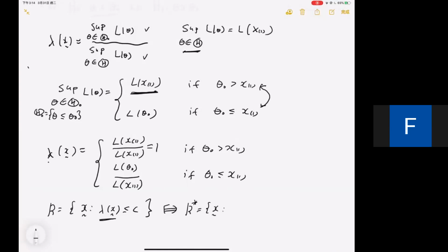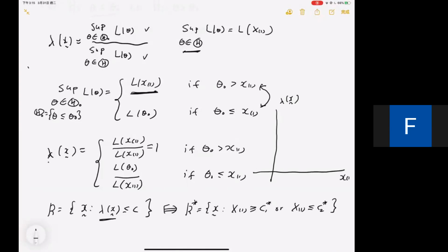Again, you find an easy statistic, most likely the MLE, and then bigger or smaller, or maybe both. Then you can draw a graph to see if I can find the equivalent region.